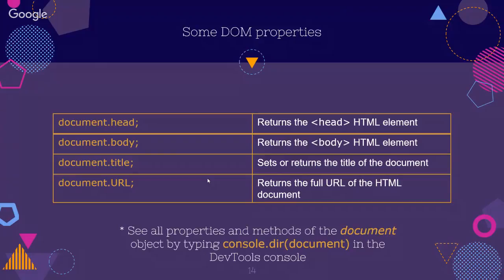We should use link tags instead. So these are a very small number of the document object's properties. Again, you can see them all by typing console.dir, and in the parentheses, you can put the document object in the DevTools console, of course.